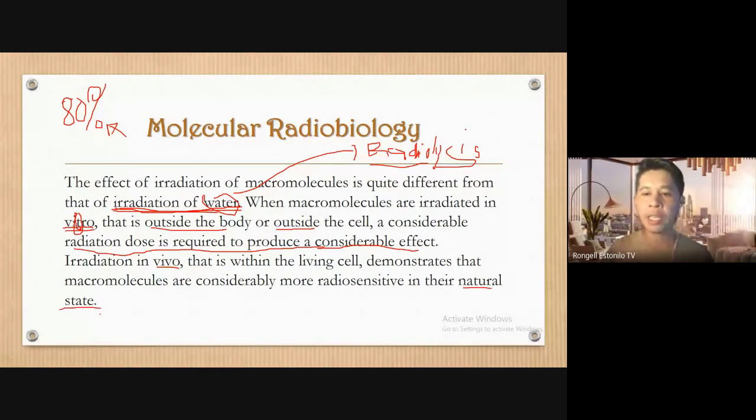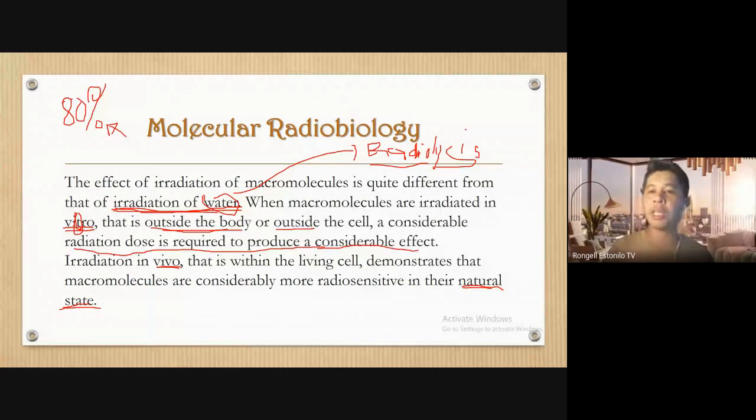What this slide is trying to say is that mas nagre-respond sa effect ng radiation if that is in vivo, in their natural state. Pag outside the human body, kailangan mataas yung amount ng radiation para masabi nating may effect.